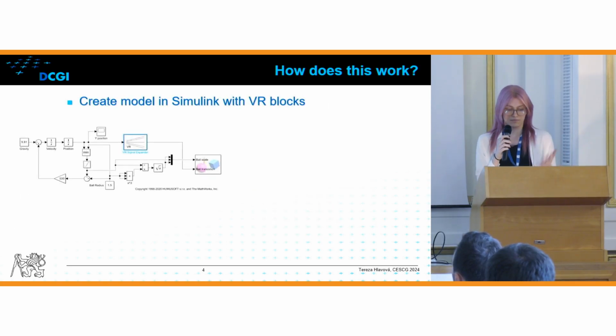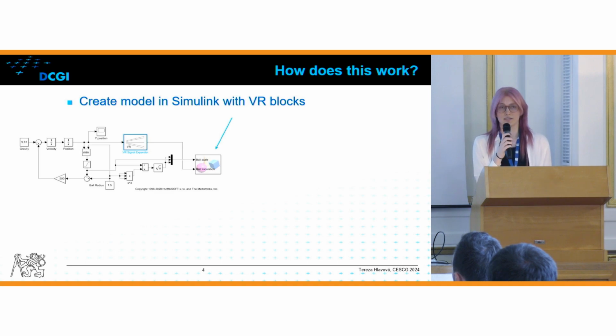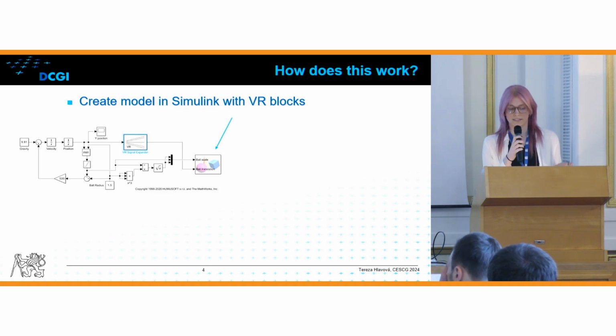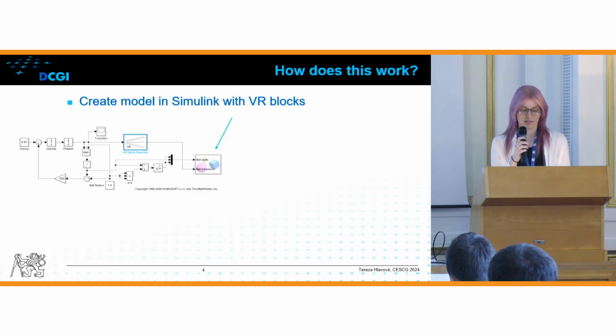When we have this scene, we can also create a model in Simulink with VR blocks, which are library blocks from Simulink 3D animation. In this example, there is a so-called VR sync block, which has two inputs for Simulink model signals. And these signals are connected to scene attributes of the object.